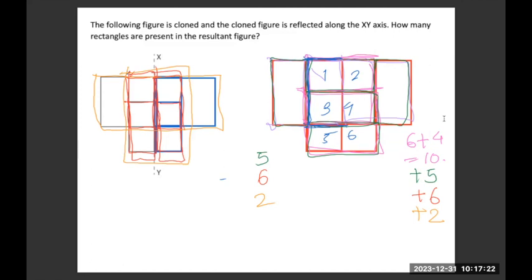And then this one also. This will be a square, but I have not yet counted it. But so, no, I have counted it here. Sorry, not this. Okay. Besides this, yeah, sorry. This one.